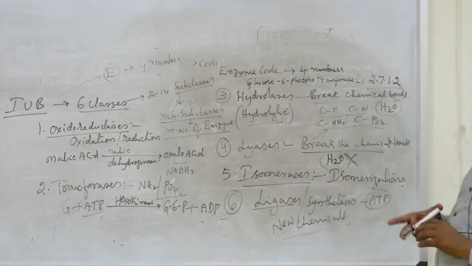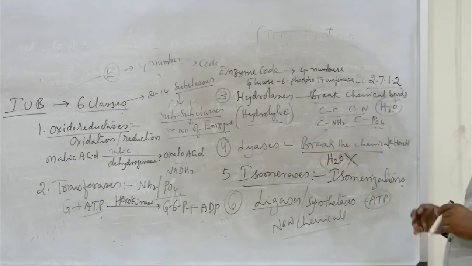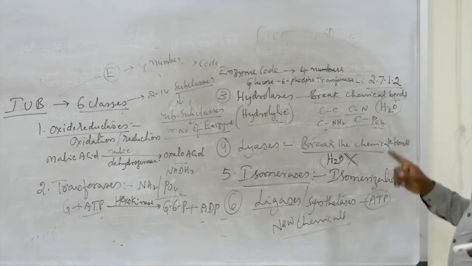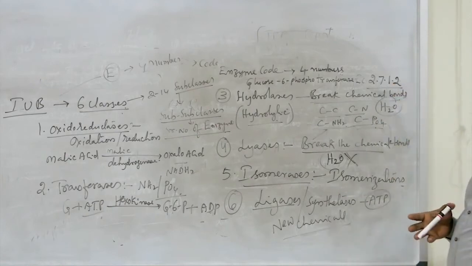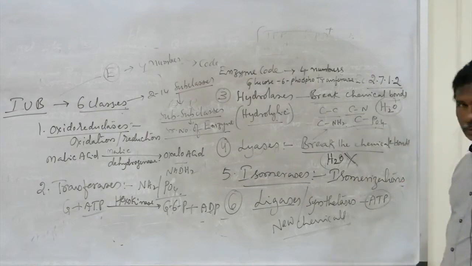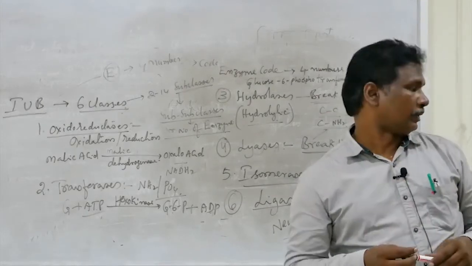The first 2 belongs to the class transferases, the 7 is the subclass, the 1 is the next subclass, and the last 2 is the serial number of the enzyme in that subclass.